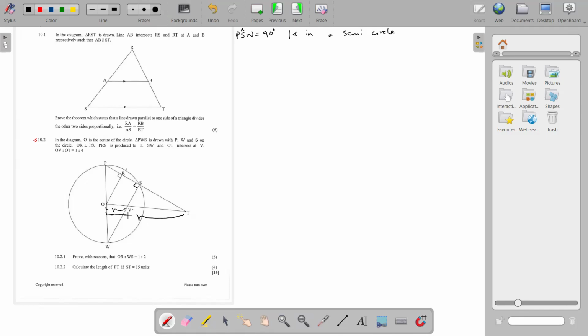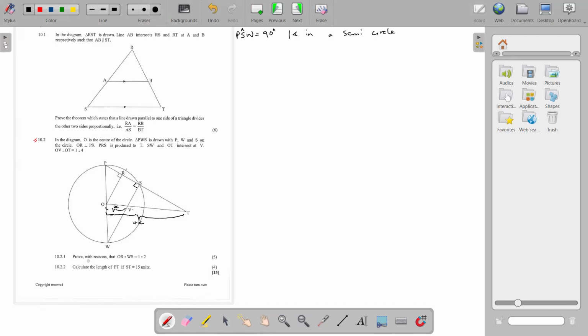Meaning to say if OV can be denoted by X, then 1X, then OT we can denote as 4X.